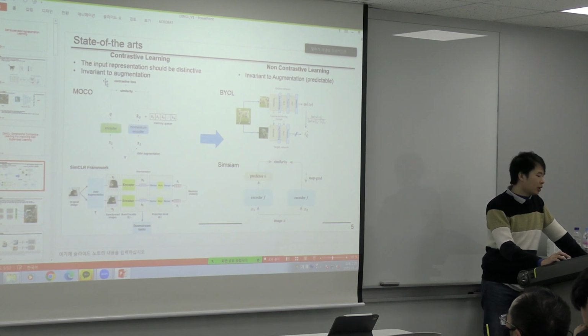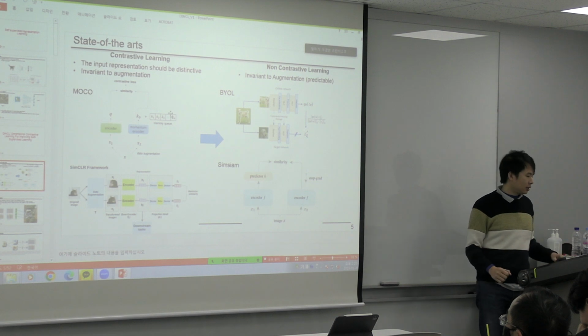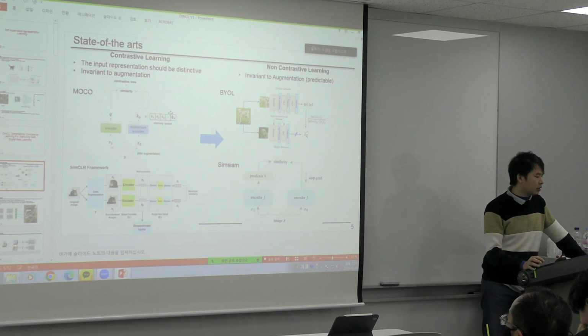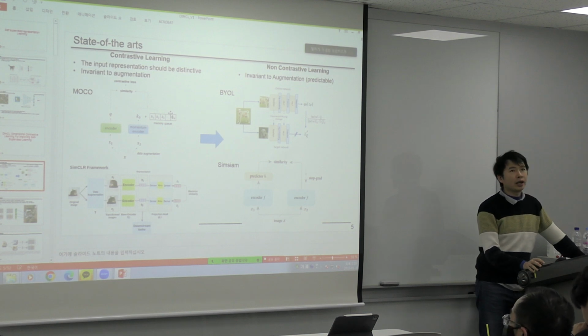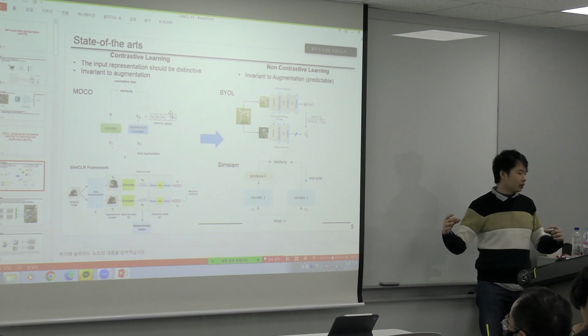So in this MoCo paper, they further introduce a technique called memory queue, so that we can store all the negative keys in the queue, because they found out that contrastive learning works well when we have a lot of negative keys. So they introduce a queue to store the keys inside a memory queue for negative keys.